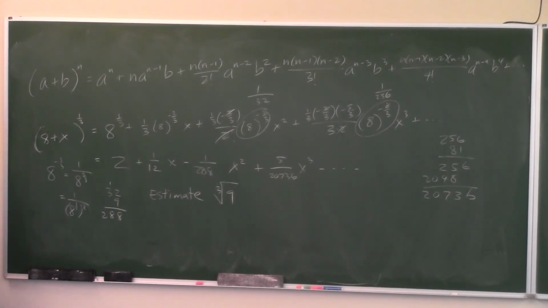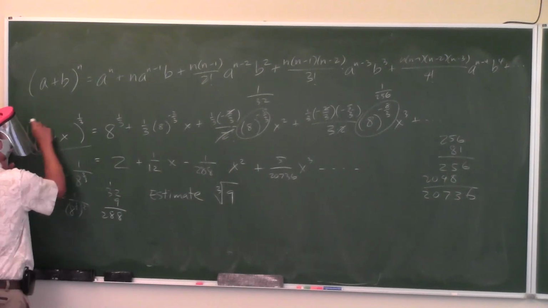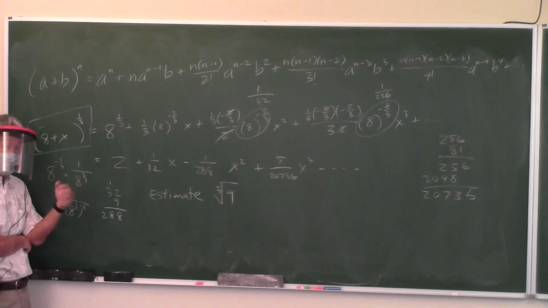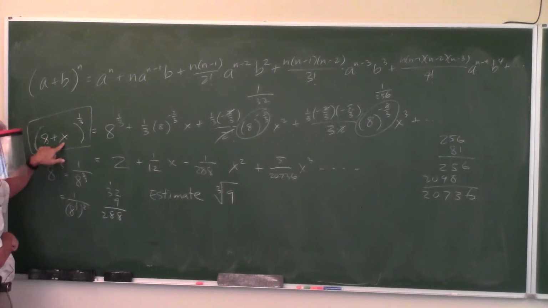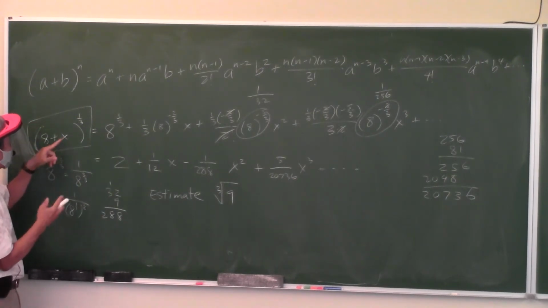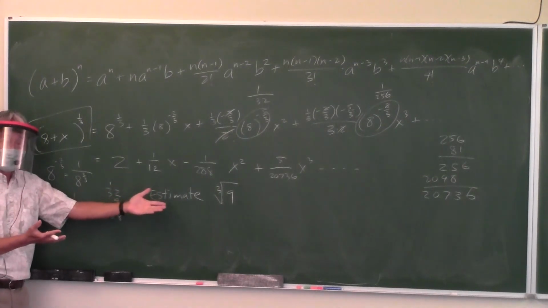I don't even know what's going on, Mr. Ford. Look, here's the original problem. Isn't 1/3 power cube root? Okay, what number do I have to plug in for x to get 9? 1, see? 8 plus 1 is 9. 9 to the 1/3 is cube root of 9.